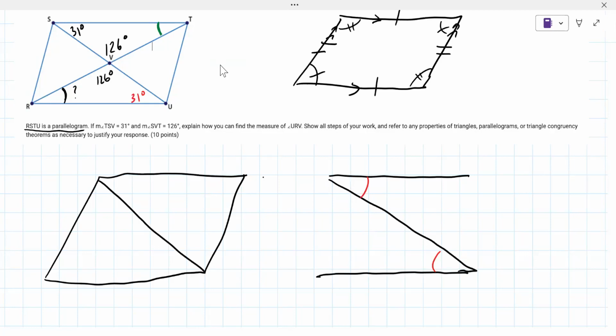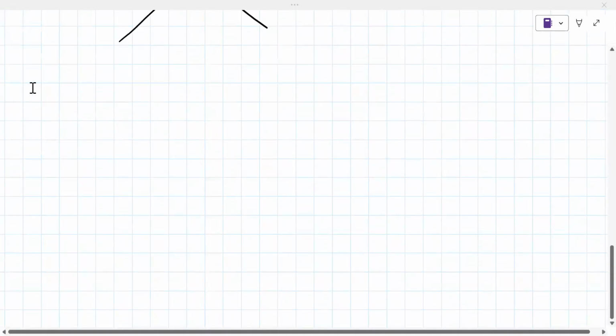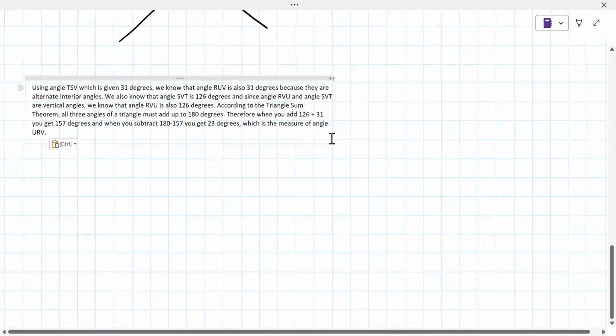All right, I'll put it right in the chat. There's a few things that I'm looking for as a grader, depending on the direction you're going. Using angle TSV, which is given as 31 degrees, you know that angle RUV is also 31 degrees because they're alternate interior angles.